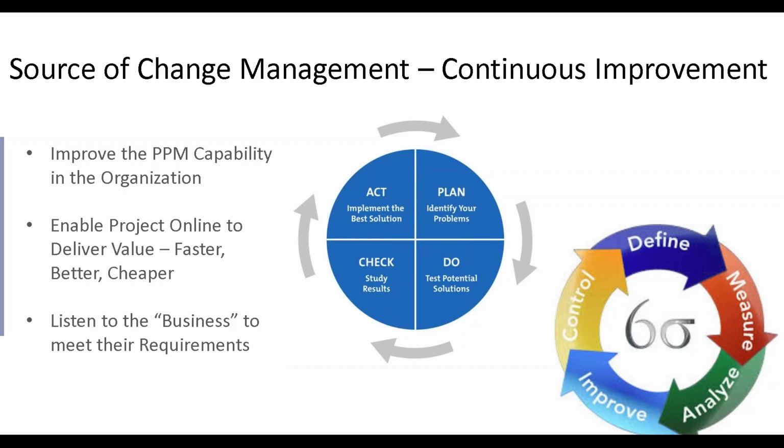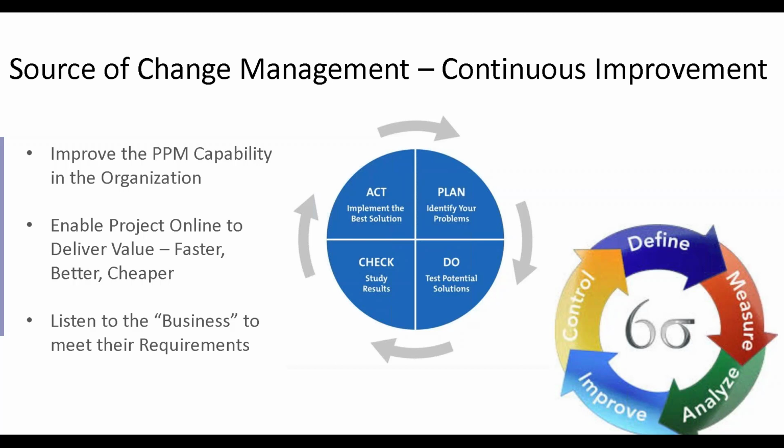There's going to be changes that are going to be coming in from your users, and the idea is that we need to continue to improve our Project Online implementation, our solution, so that we can give better results to the organization.